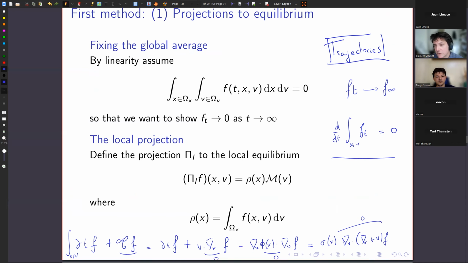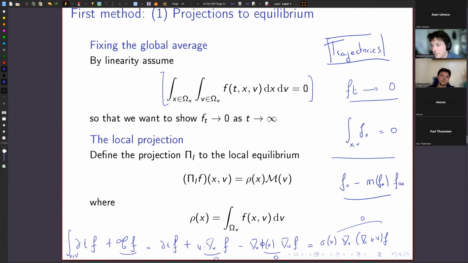So what we're going to do, just to make our life simpler, we're going to bring back the final state we want to reach to 0. How so? Well, we just consider an initial data with 0 global mass. If it's not the case, you remove from F0 the global mass of F0, let's call it M of F0, times the equilibrium with mass 1. And you create what you want.